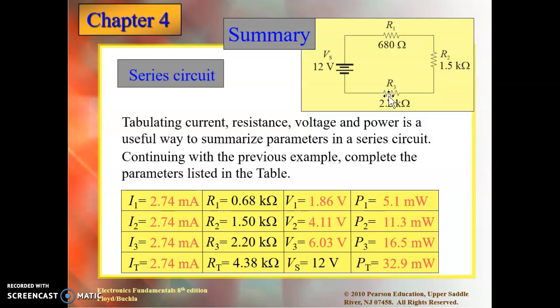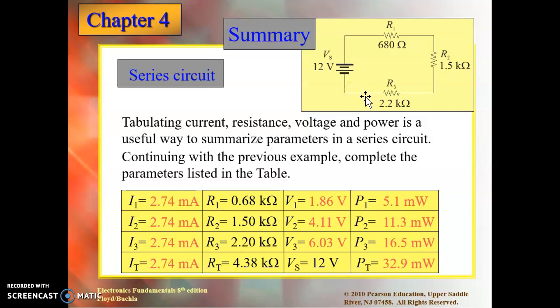It gets consumed in the way that after it goes through R3, the voltage at this point should be 0. So some of the voltage gets consumed here, some here, some here, to the point that when I get here, I have 0 volts.